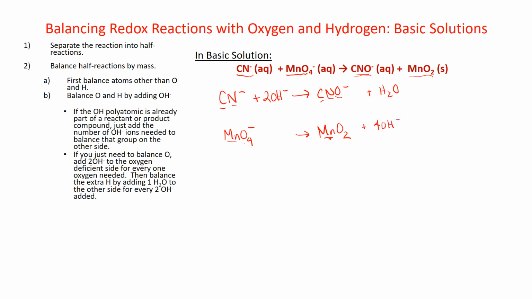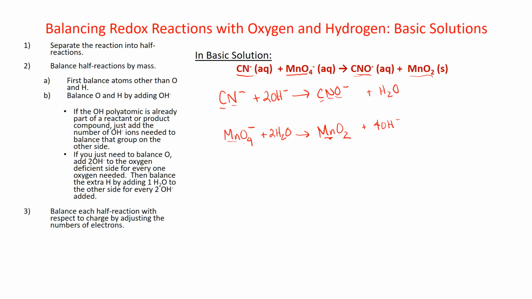All right, I realize that's extra oxygen, but that's because I'm going to add water, 2 water molecules to the other side to account for that. So that will balance both my oxygen and my hydrogen. And once we've done that, we can move on to the next step.